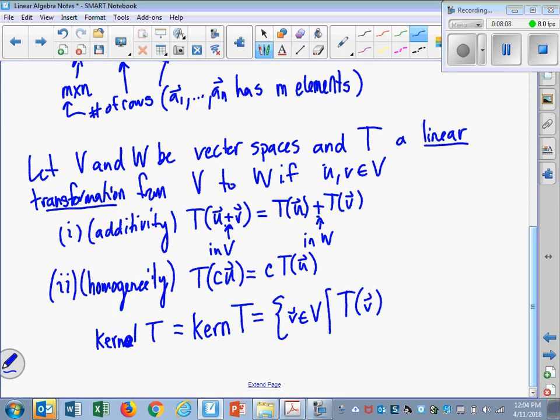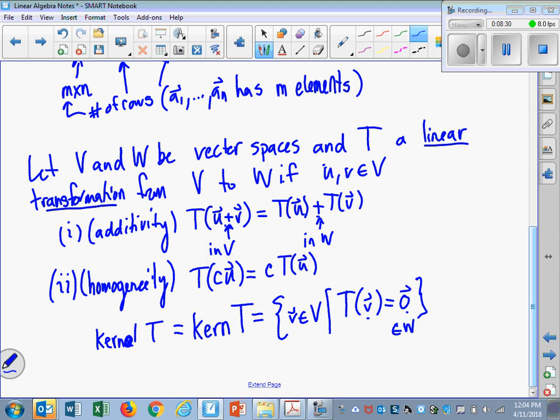This is the zero vector in W. Remember, T goes from the vector space V to the vector space W. So this is the zero vector in W, but v is in the vector space V. So the kernel is all the things that map to the zero vector of W.